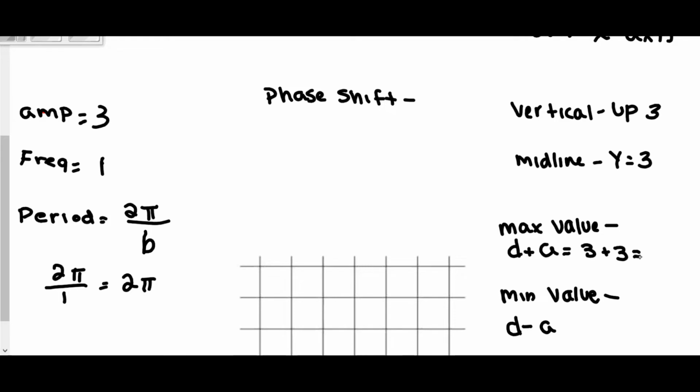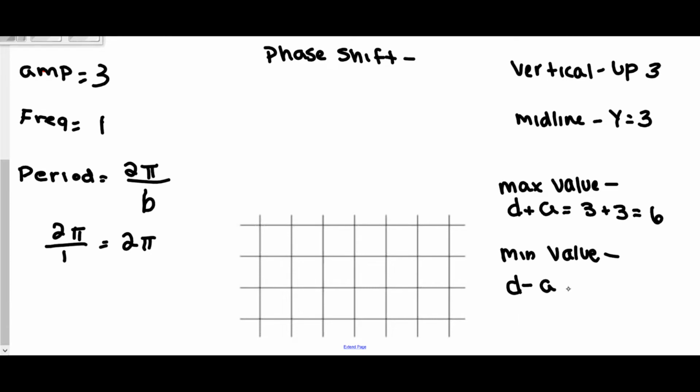So that means the max value that our graph reaches, or the peak, is 6. And our minimum value is 3 minus 3, which is 0. So our minimum value, or the valley of our graph, happens at 0.